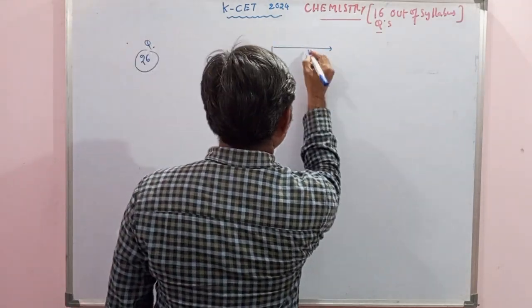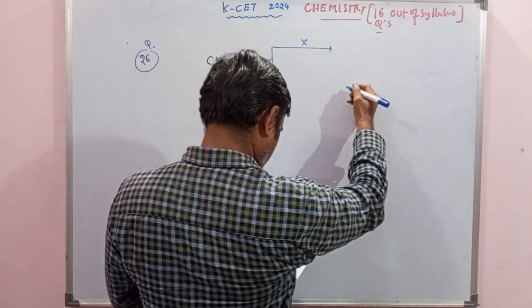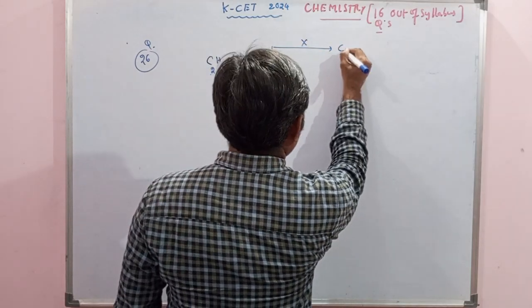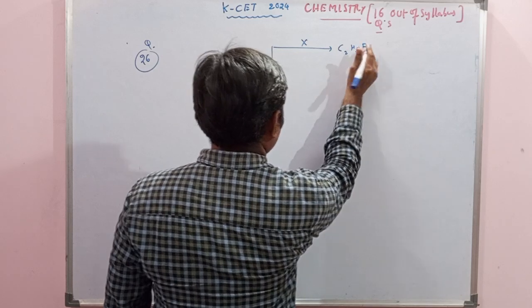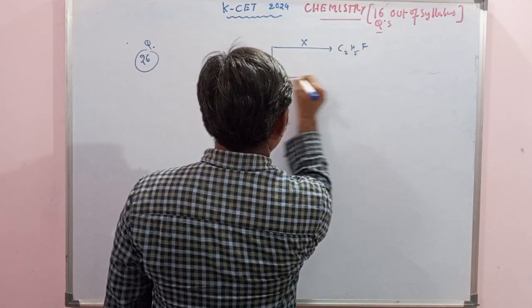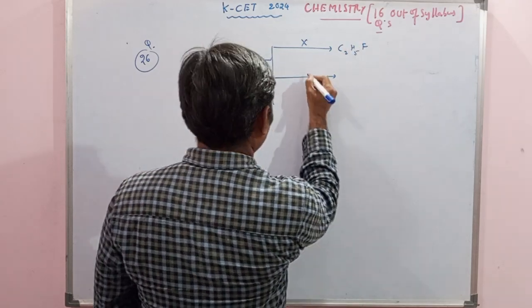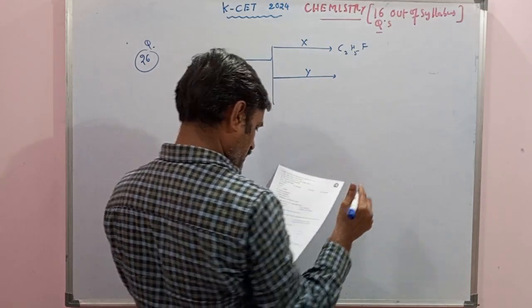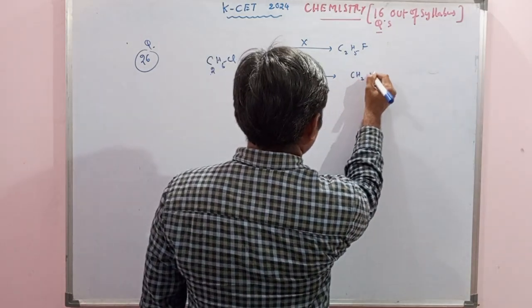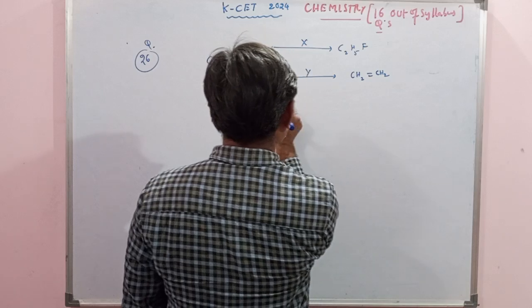There is one step, X, which they are not telling us. It gives C2H5F. Similarly, Y is on the arrow mark, giving CH2=CH2.